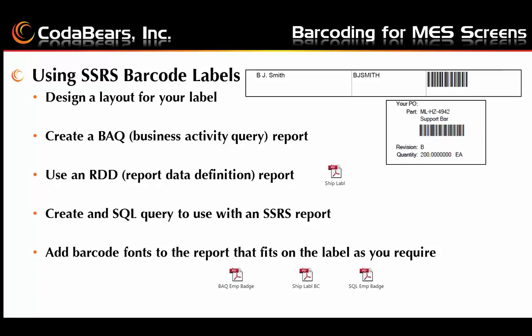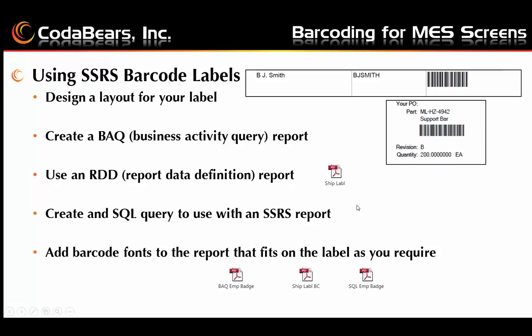So the first example shown as a screenshot is just an example of an employee badge you might use. It shows the employee name and the employee ID and then the barcoded employee ID. The second example is just showing a barcode of a part number.